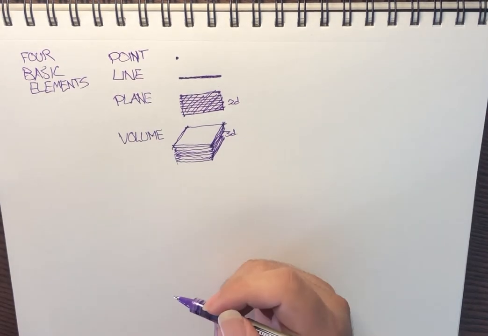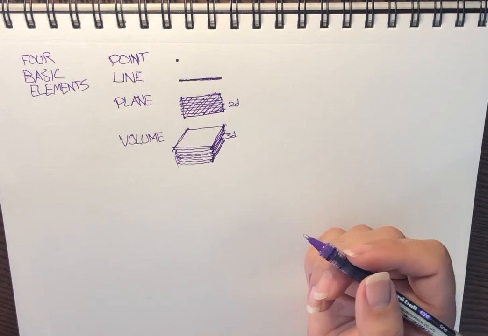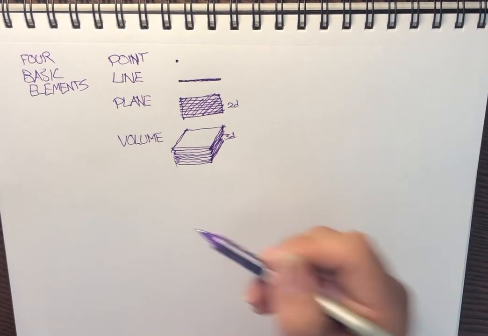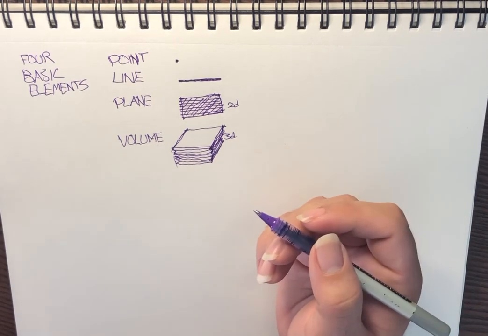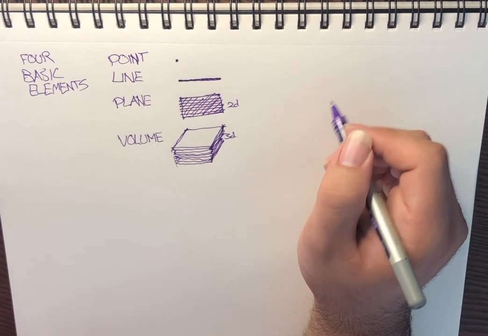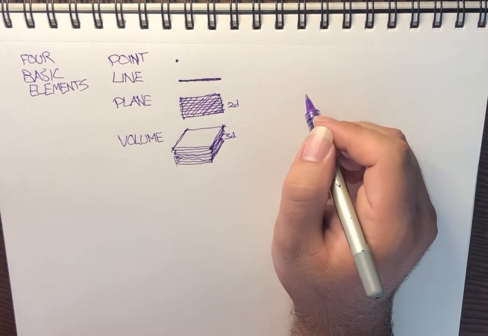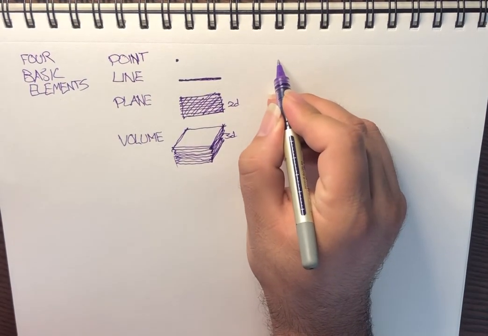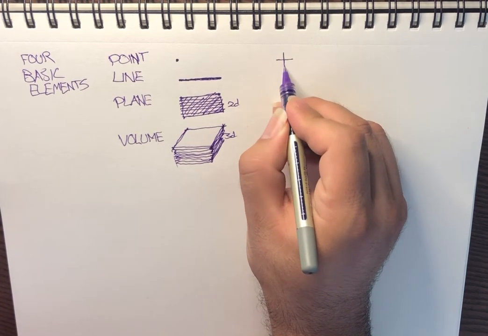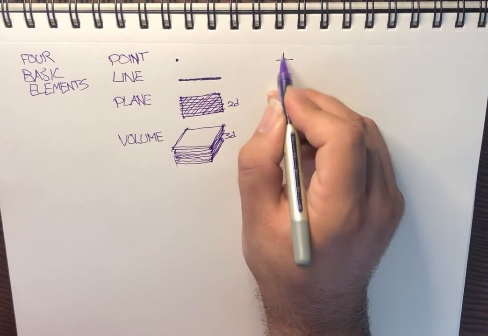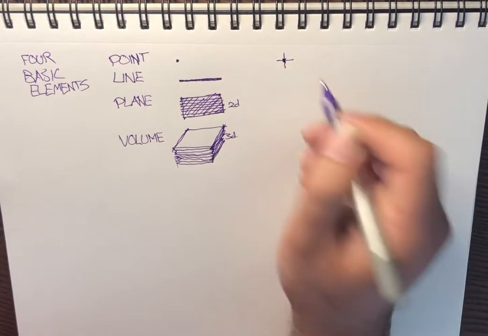And now let's talk about how these elements appear in architecture. So if I look at an architectural plan, you may have seen that we have these points, and this will show the points.